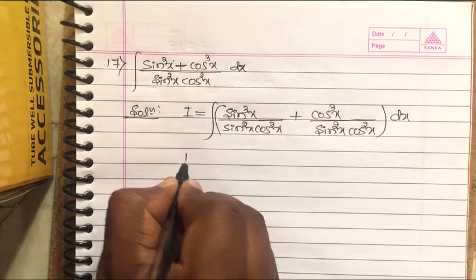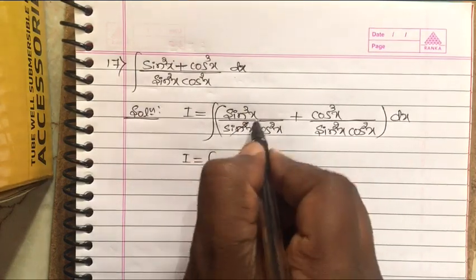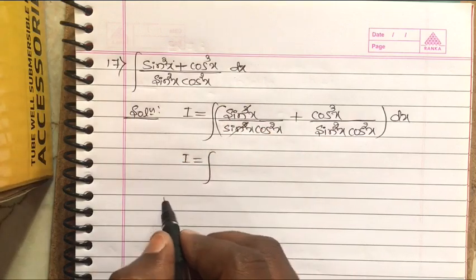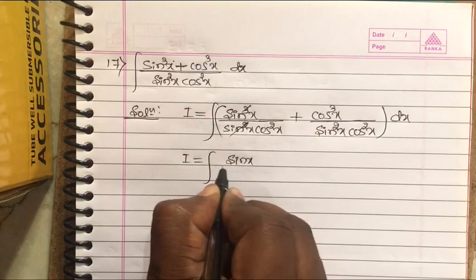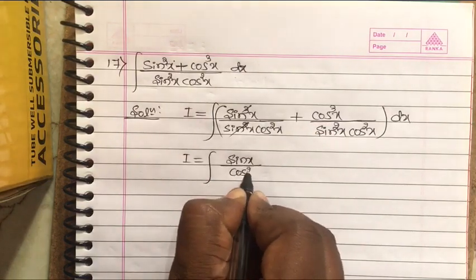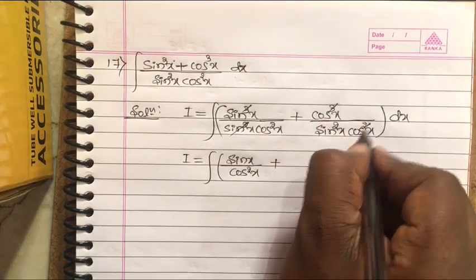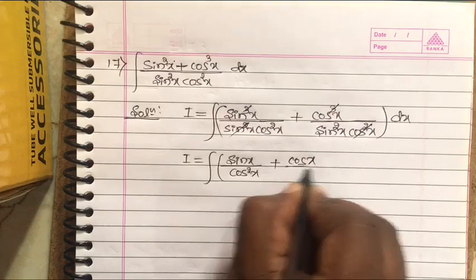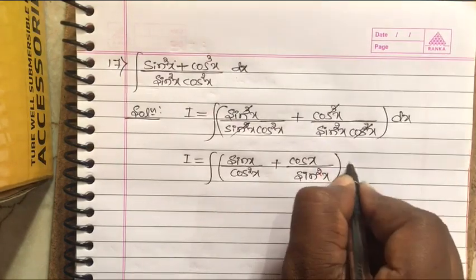Here sin square x and sin square x cancel, leaving one more sin x in the numerator, so we are left with sin x divided by cos square x, plus: cos square x and cos square x cancel, leaving one more cos x in the numerator, divided by sin square x dx.